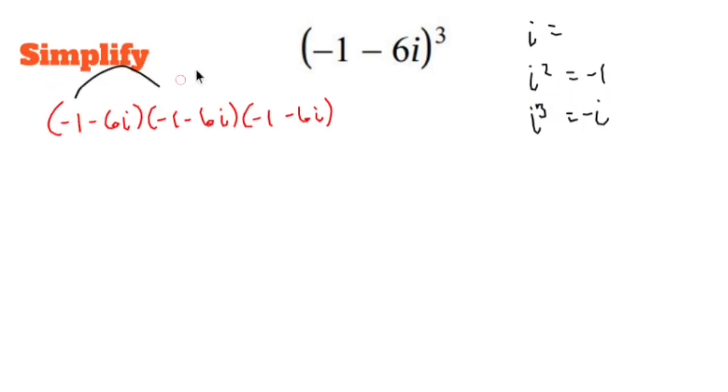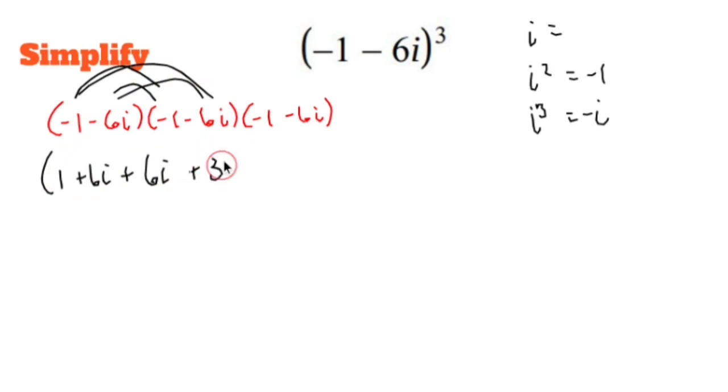Let's FOIL. I know some of you might be like, well, can't we use some kind of shortcut? We can, but I won't because I don't have everything memorized. Negative 1 times negative 1 is going to be positive 1. Negative 1 times negative 6i is going to be positive 6i. Positive 6i again. Positive 36i squared. I'll change that in a little bit. That's going to be multiplied to negative 1 minus 6i.